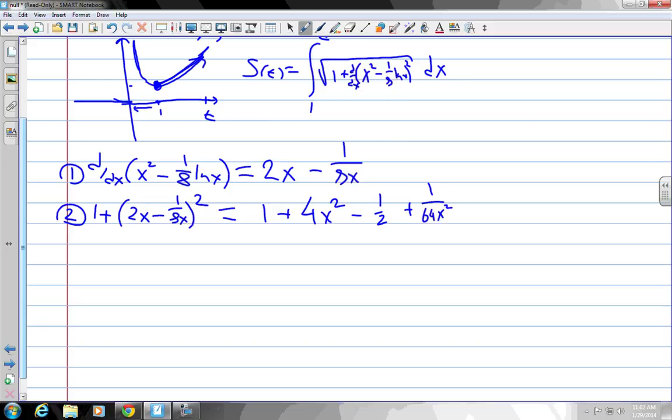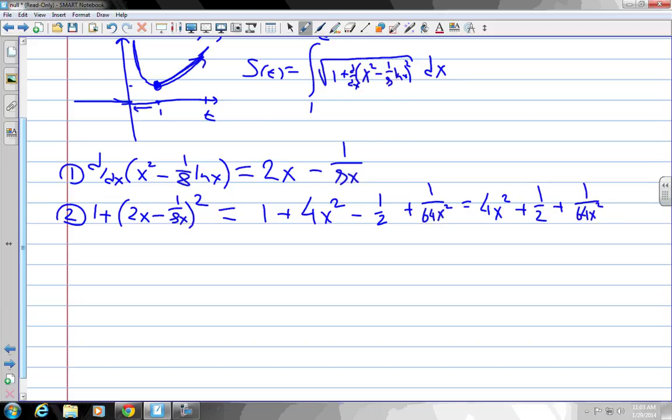If you square that thing, the middle term is negative 1/2. So 1 minus 1/2 is positive 1/2. You saw that it's a very similar example on Monday, where the only thing that changed is basically the sign of the 1/2.